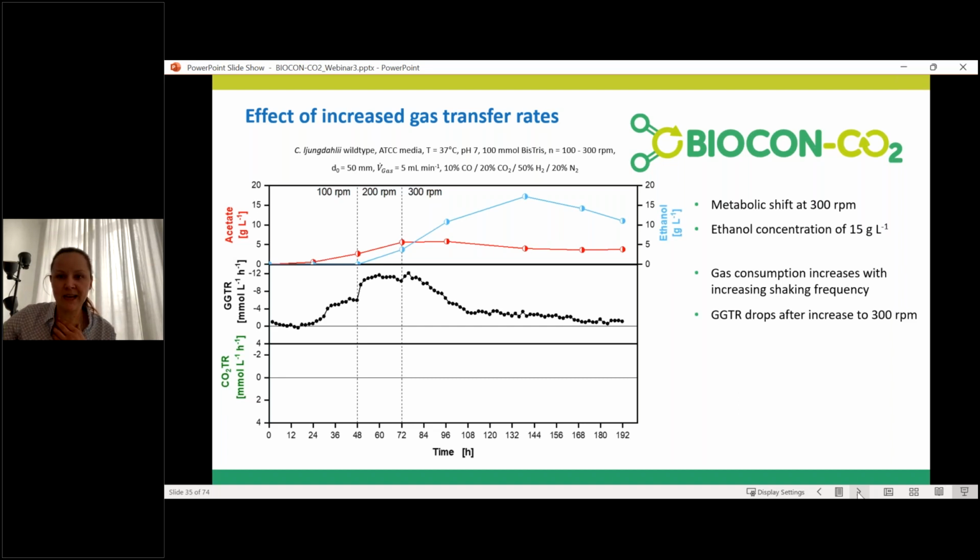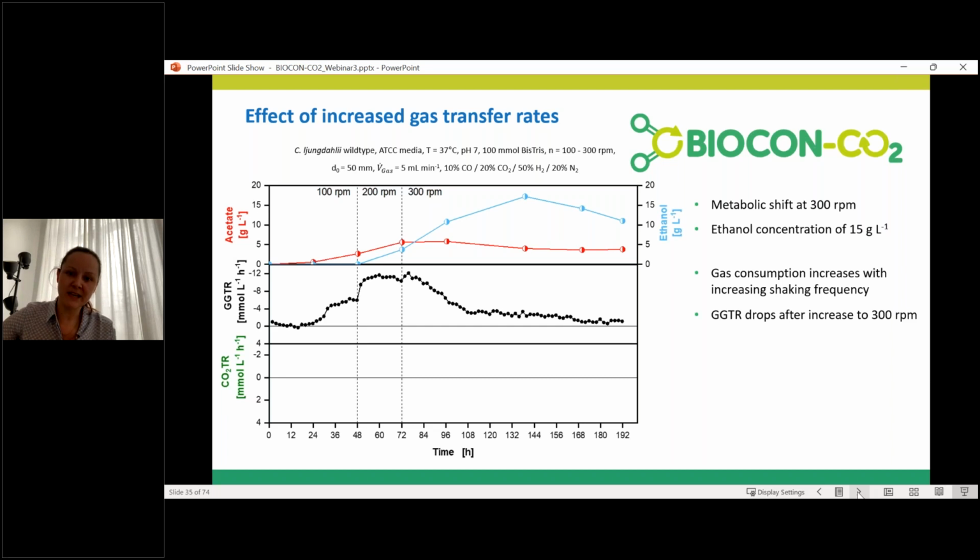This is also proven by increasing the gas transfer rate further to 200 RPM, where we see a really steep increase in the gross gas transfer rate. But with the shift to 300 RPM, the overall gas consumption decreases until the cultivation is more or less over at around 130 hours.